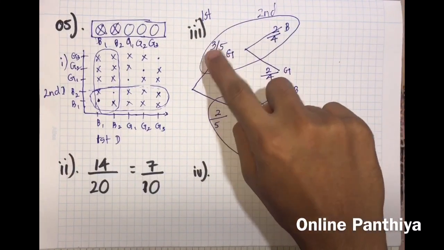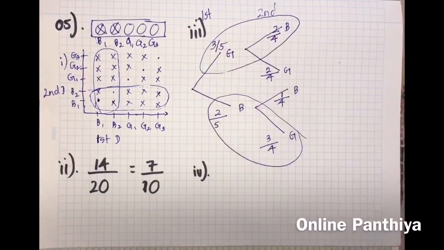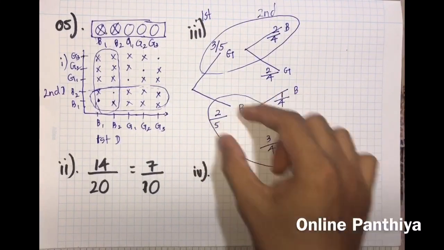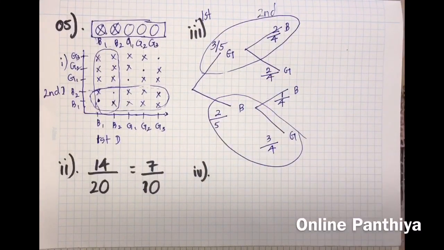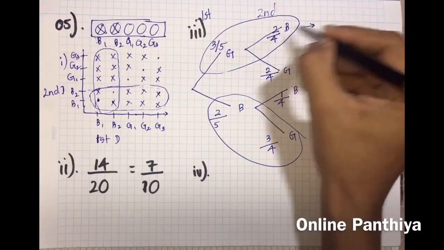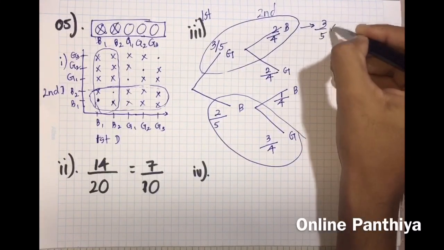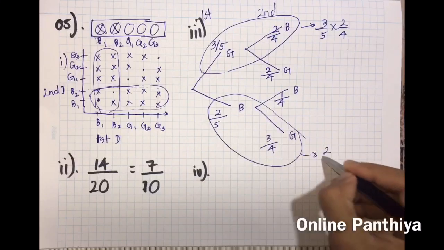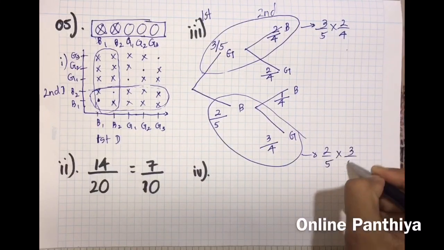You have to always multiply this and this. Okay? Therefore, now you are going to consider this. Now you have to multiply. Same branch, you have to multiply. So here you have to multiply 3 over 5 by 2 over 4. Here also what is the value? 2 over 5 you multiply by 3 over 4.